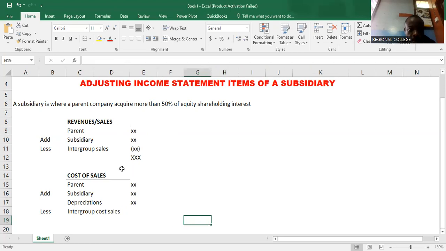So the value of these sales will have a certain item known as the UPS, the unrealized profit. That UPS should be eliminated so that you remain with the correct cost amount. Whatever remains here is what you record.